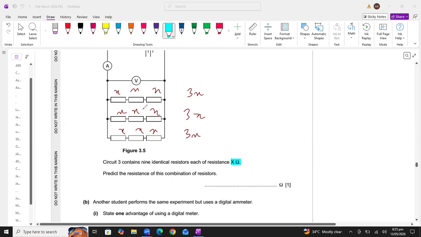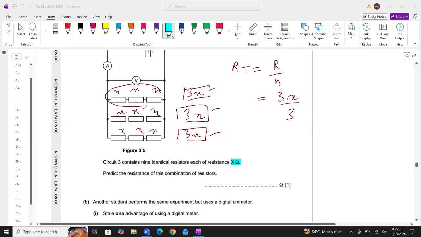If I find the total resistance of these 3 resistors connected in parallel, I will use the shortcut formula R upon N. So 3x, and the number of resistors is 3. Combined resistance of these 3 resistors is 3x. So I am considering this as a single resistor, so this one and this one will be cancelled. So the total resistance we are getting here is x ohm.